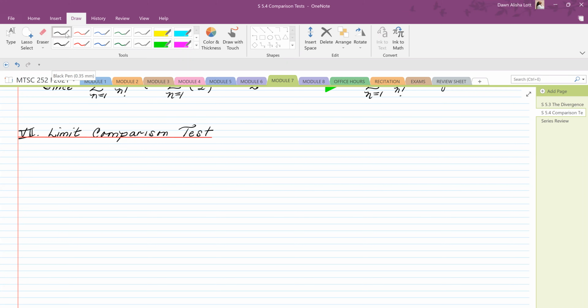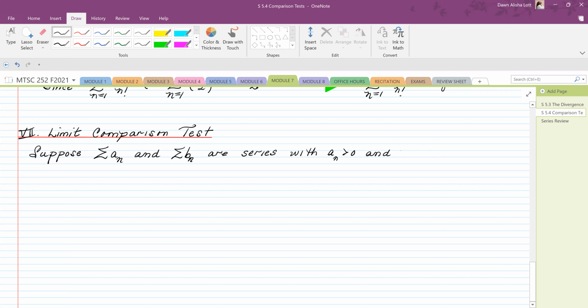Okay, so suppose that summation AN and summation BN are series with AN positive and BN positive.